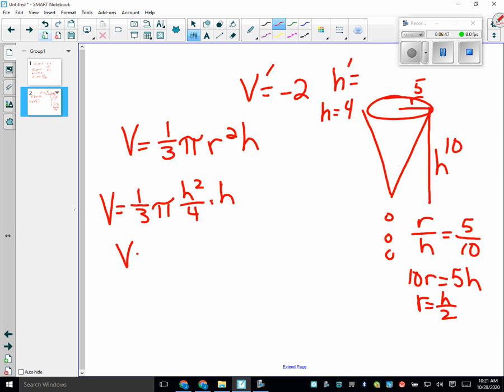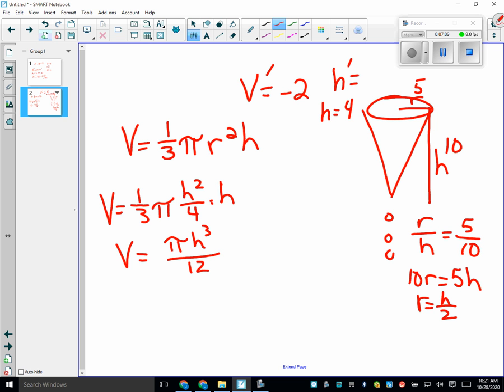So is the constant pi over 3? Let me put this as one fraction, to make it simpler. Is this pi H cubed over 12? I would agree.